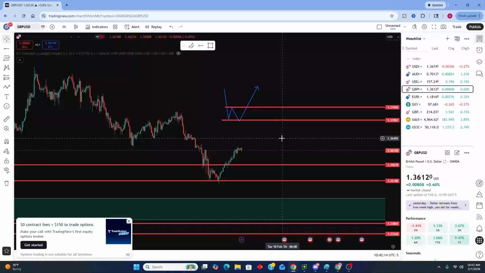Feel me? We want price to come down and either go up or confirm it, don't want to go down to keep going up. That's what we want. That's what we want in the lower time frame.